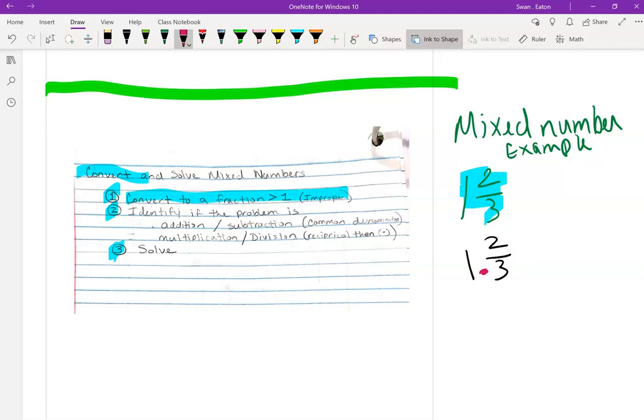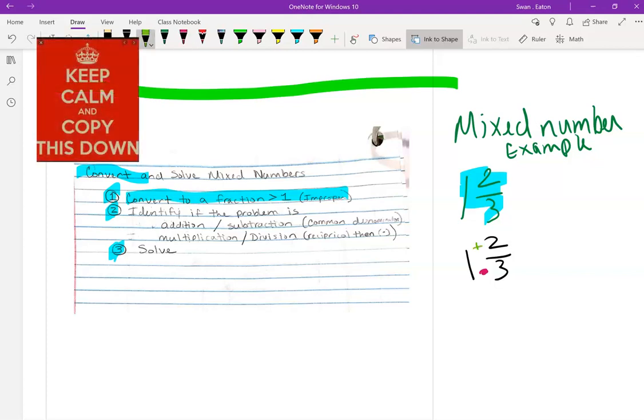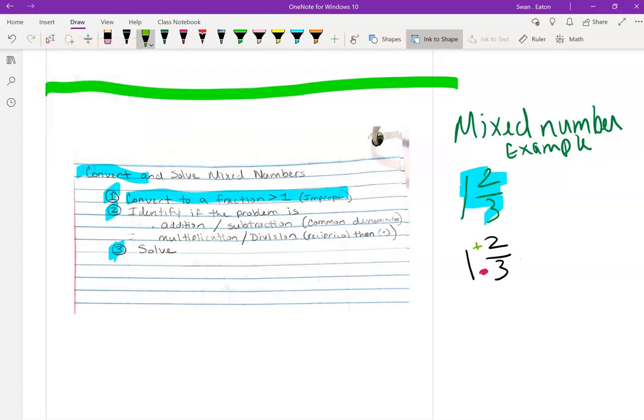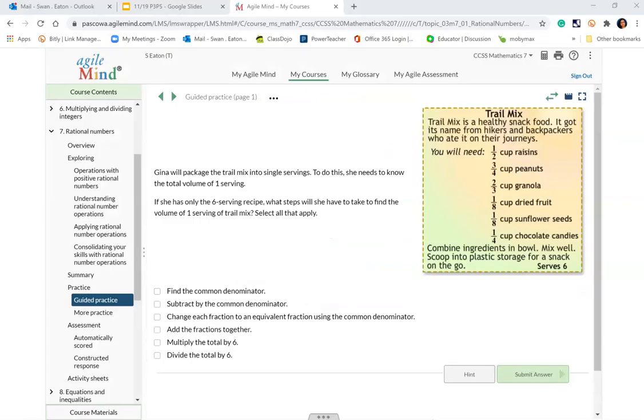And then your next step would be to add the top to that 3. So 3 plus 2 equals 5. And then you keep the denominator. You always keep the denominator. Now this has been converted to a fraction greater than 1.